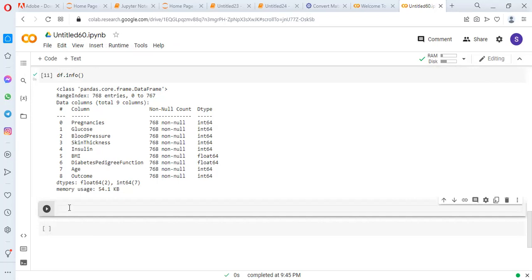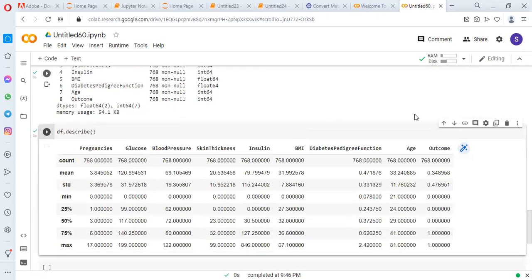Next, if I want to see the description of my data, I will write df.describe. I will get the description of my data set.